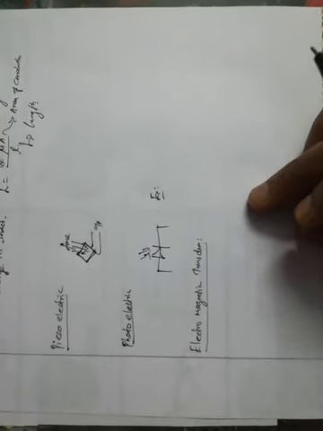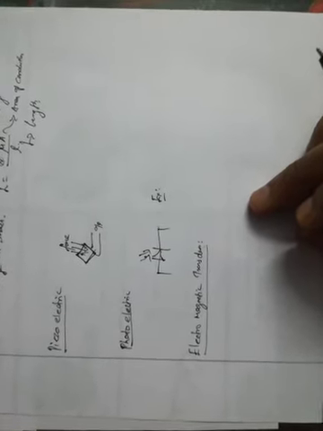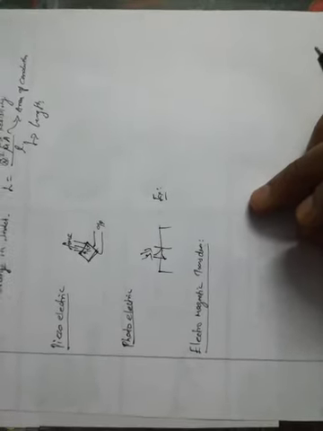Either a change in flux or a change in reluctance in the circuit produces the output voltage based on the change in flux. So the principle is change in flux: when the flux changes, the output automatically changes.